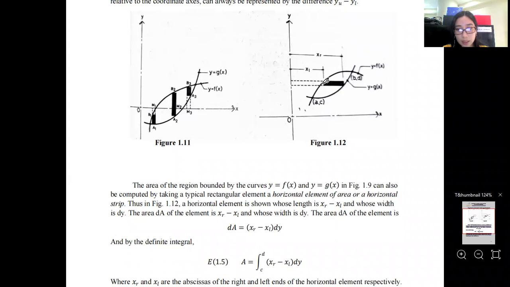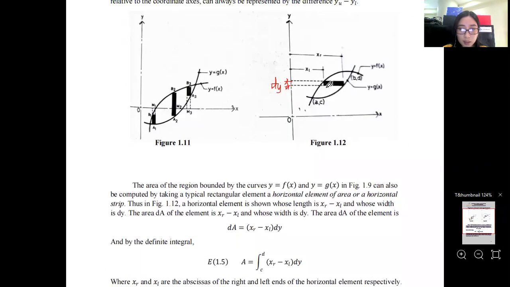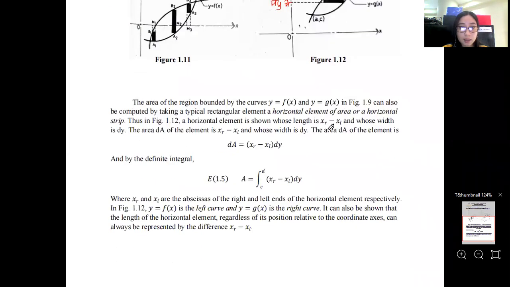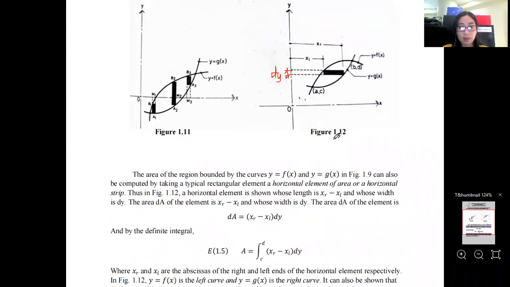Okay, so ang dayon nato dy, or change in y. Okay, so the area of the horizontal strip is dA is equal to x sub r minus x sub L times delta y.